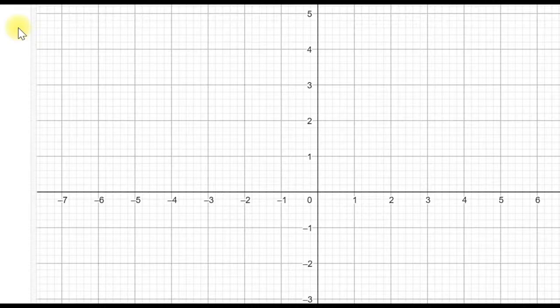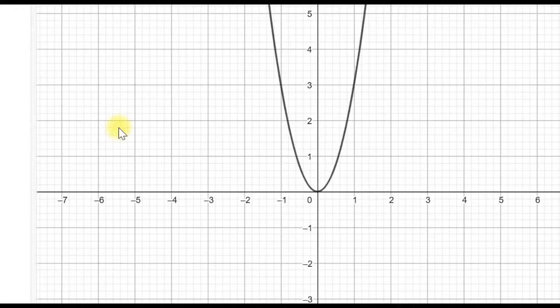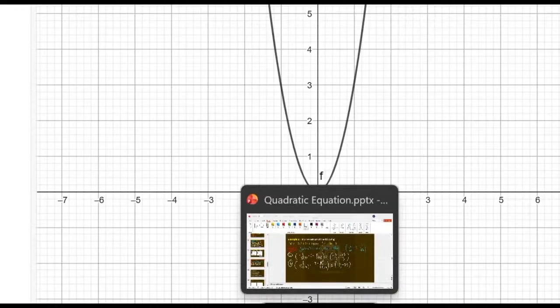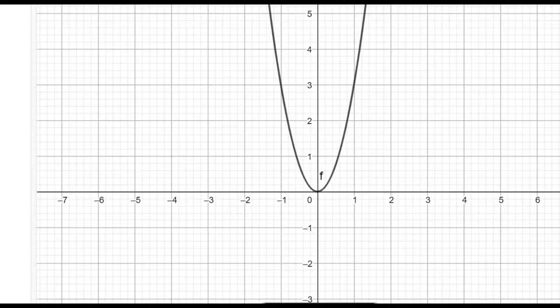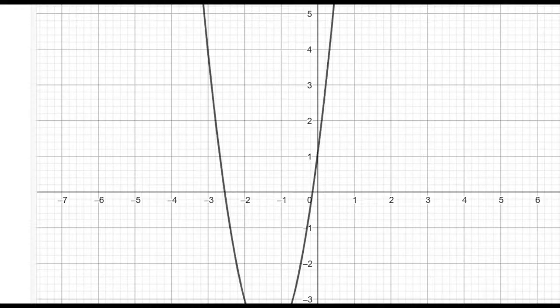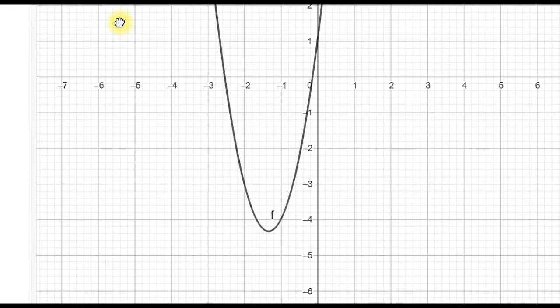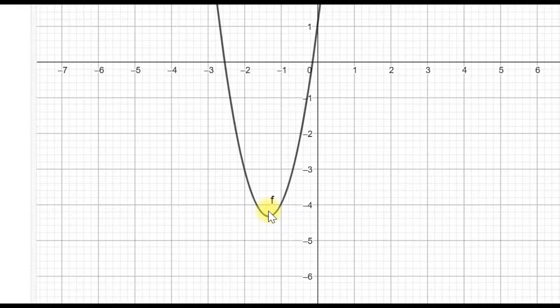So let's type y equals 3x squared plus 8x plus 1. Let's check. So the vertex, what do you observe?